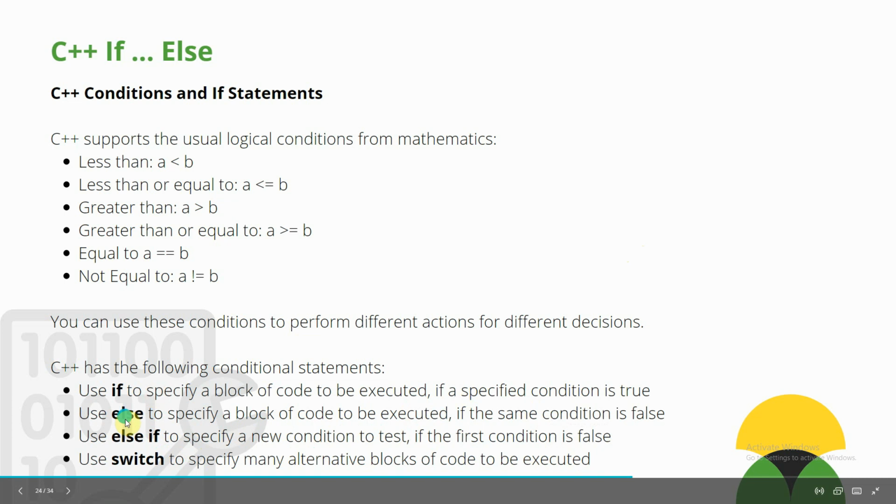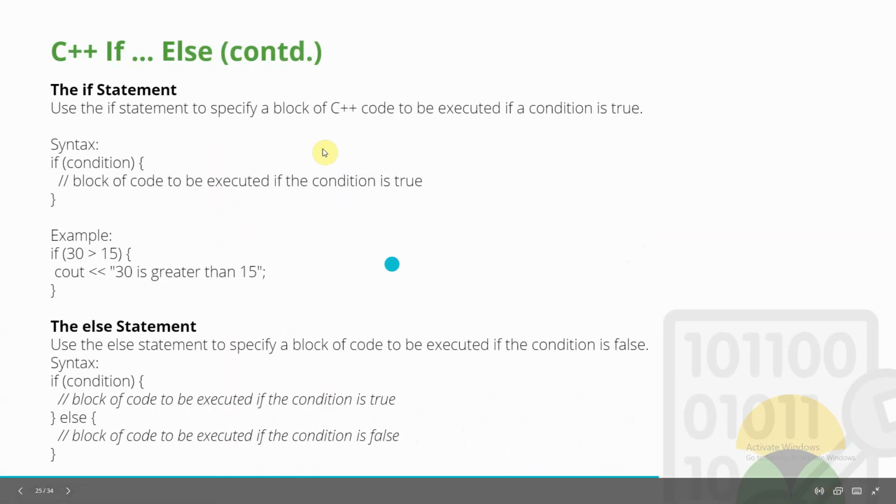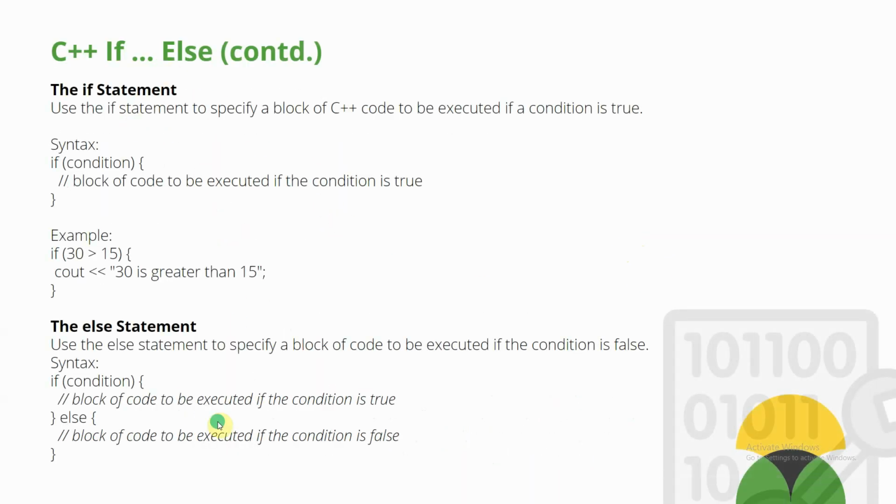Now we will go through this one by one. So we start with if. Use the if statement to specify a block of code to be executed if the condition is true. So in the syntax, the condition is placed in this area, and then the block of code to be executed if the condition is true goes in the main function within these braces. For example, if 30 is greater than 15, this is true, so it will produce this output, cout 30 is greater than 15.